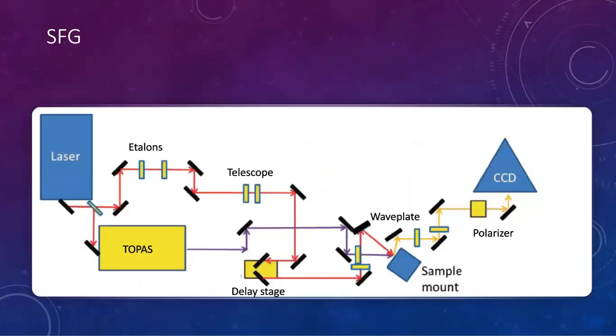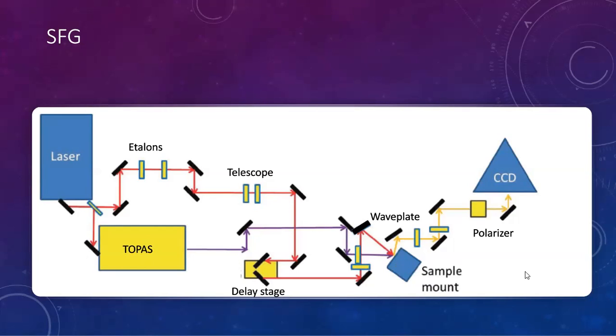So the setup is a lot bigger. Like I said, we have one laser that we split the beam to then go through another system of optics to generate our IR. We have our visible that we have to then take around a long loop while we're generating our IR signal out of our topaz until we essentially have them meet up at our sample mount.